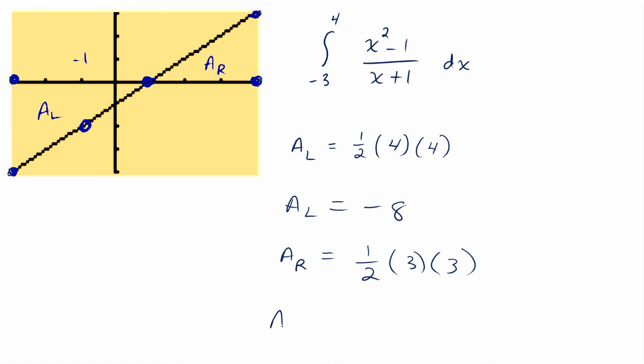So the rightmost triangle has an area of 9/2. Now we need to add these together. If we take negative 8 and add it to 9/2, that net area would be negative 7/2. So the final answer of our definite integral, which again is negative 8 plus 9/2, is negative 7/2.